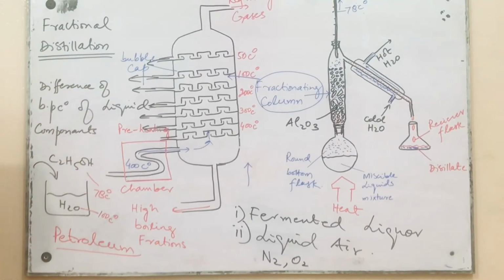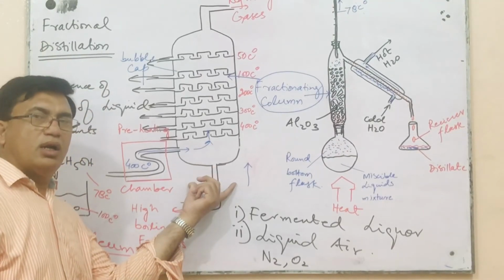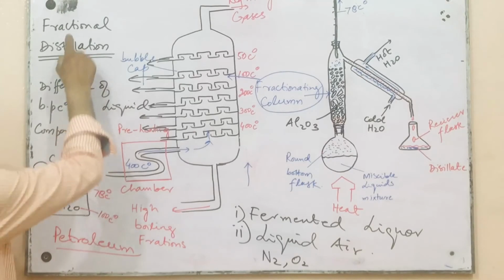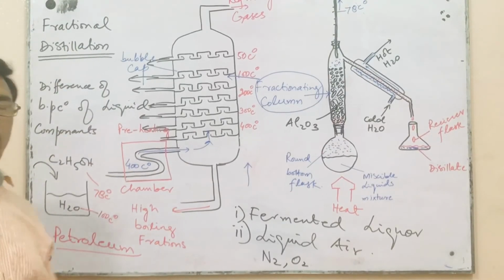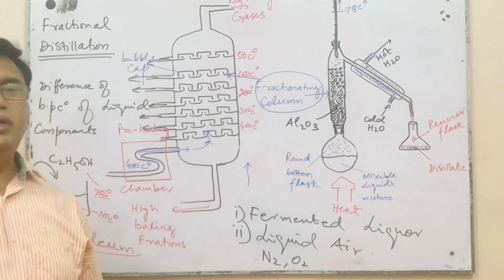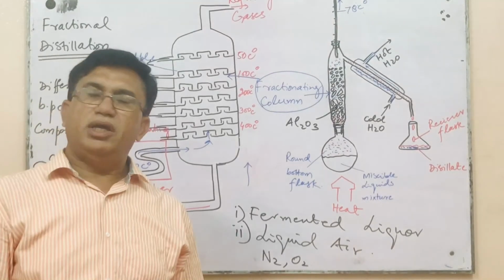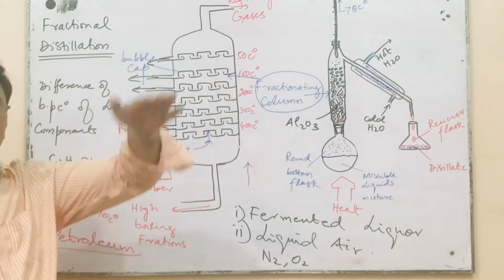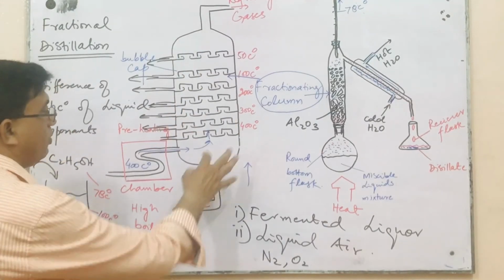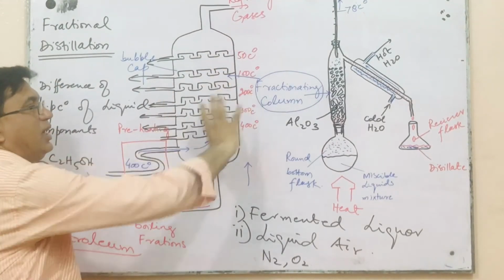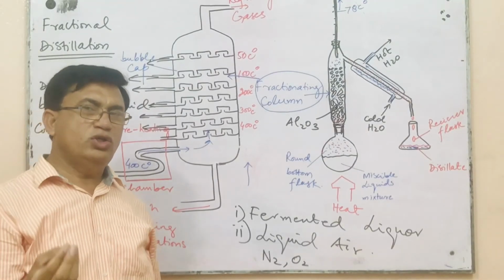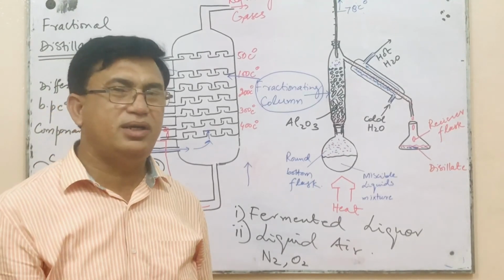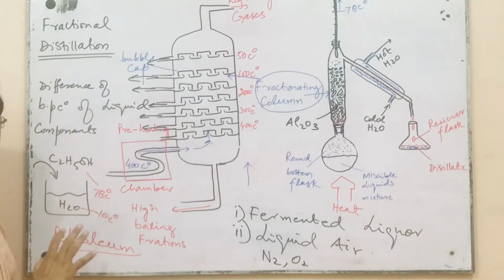Using this industrial apparatus, the fractionating column, we can perform fractional distillation quite easily, and we can separate all the components which have differences in their boiling points. As the number of plates in this fractionating column is increased, the accuracy will also increase, and components which have very close boiling points, with 1 or 2 degrees difference, can also be quite easily separated, and pure components can be obtained.